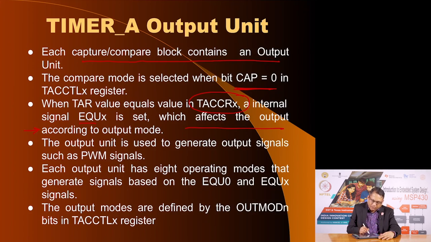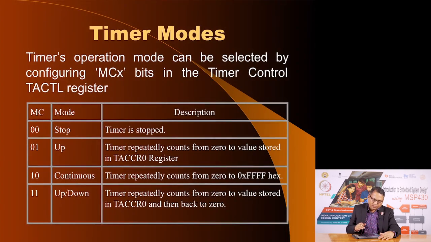Similarly, the output unit is used to generate output signals such as PWM using another mode. Each output unit has 8 operating modes that generate signals based on the EQU0 and EQUx signals. EQUx here is either 1 or 2. The output modes are defined in the OUTMOD bits in the timer control register. Let us see what those output modes are.